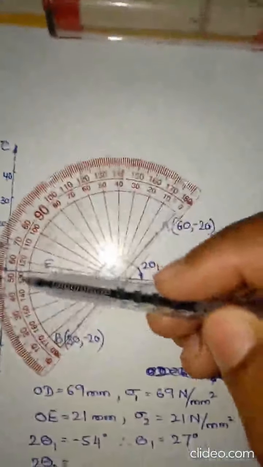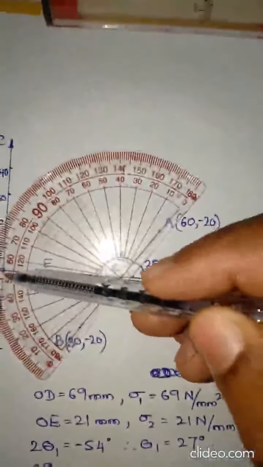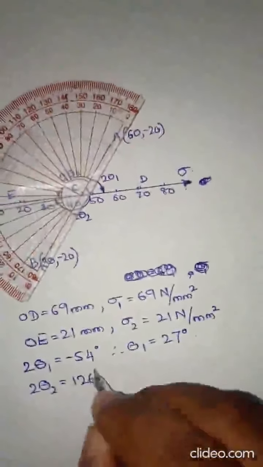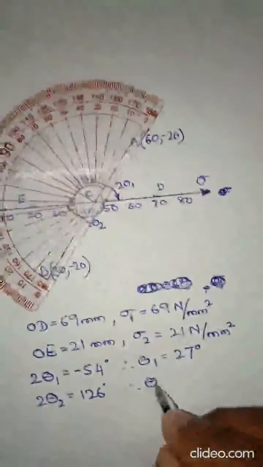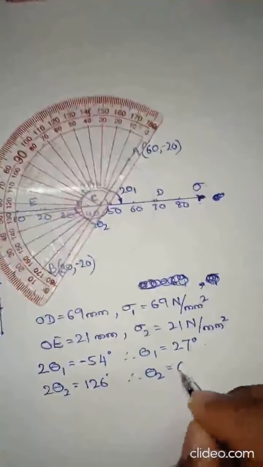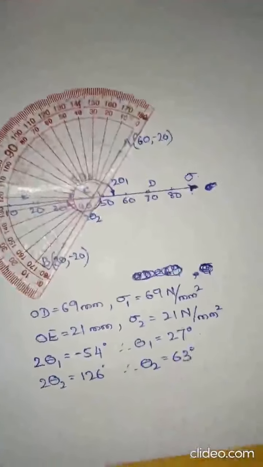I am measuring the positive angle, and it is about 126 degrees. Therefore theta 2 is equal to 63 degrees.